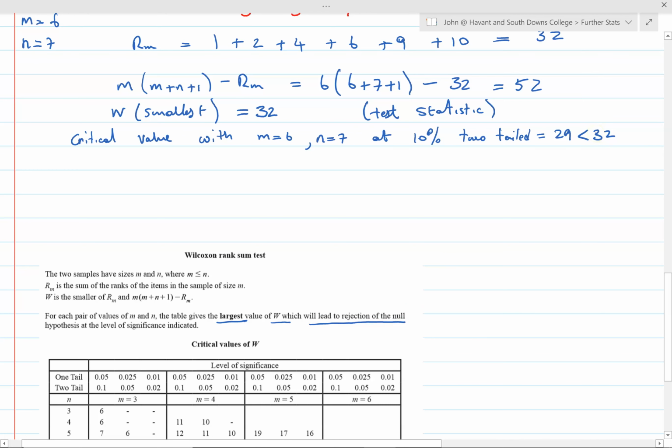Our test statistic is above that, so the largest it could be is 29 for us to reject the null hypothesis. 28 would reject it, but we've got 32, so we're the wrong side of the critical value for us to reject H0. So we do not reject H0.